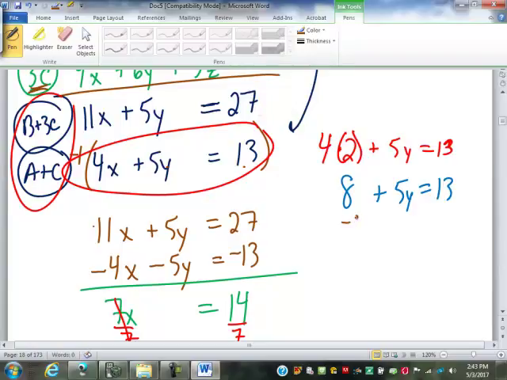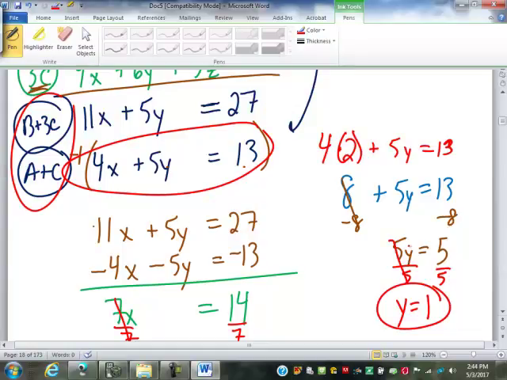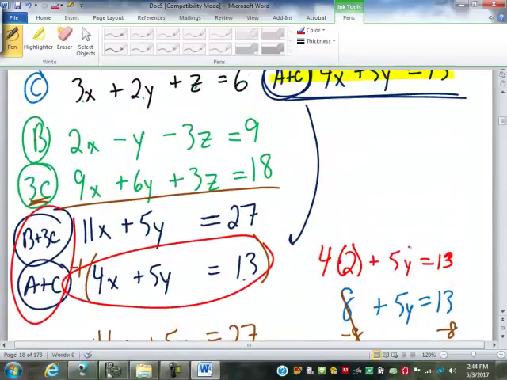We're going to subtract the 8. 5y equals 13 minus 8 is 5, and then what? Divide by 5. So y equals 1. So we've got x equals 2, y equals 1.